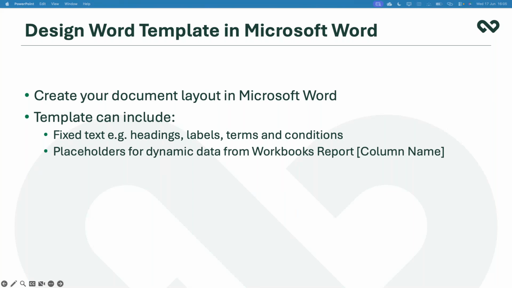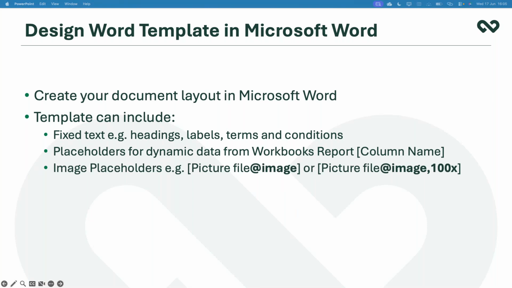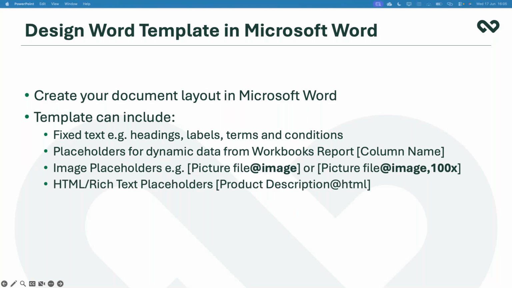For example, if we wanted to display an image of 100 pixels, we would update the additional parameter by inserting a comma and entering 100x, like so.